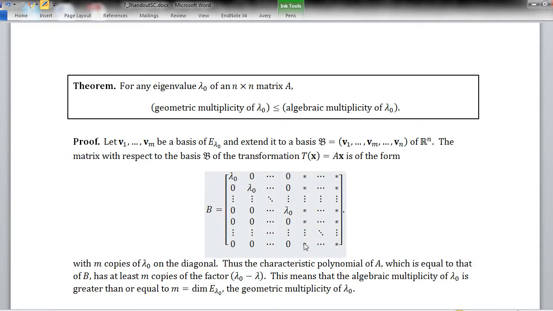Now you may just by coincidence get some extra lambda naught minus lambda factors down here from this part. But you get at least m of them. That means the algebraic multiplicity of that eigenvalue lambda is at least m. It might be bigger. It's at least the geometric multiplicity. So that's how you prove this fact, that the algebraic multiplicity is at least as big as the geometric multiplicity.